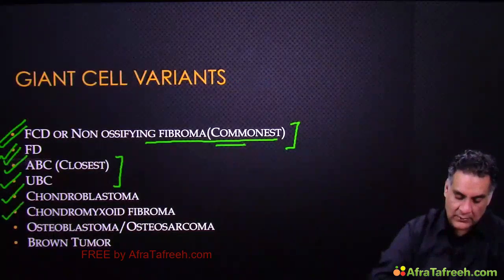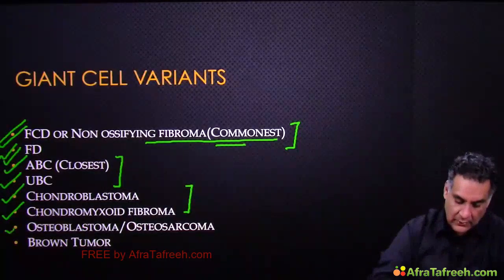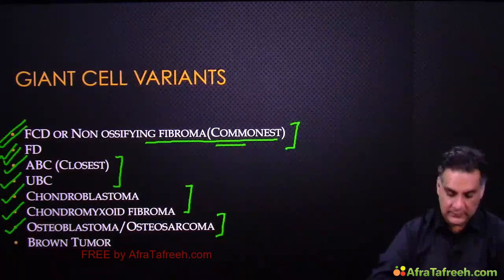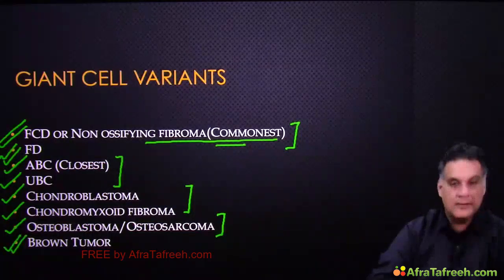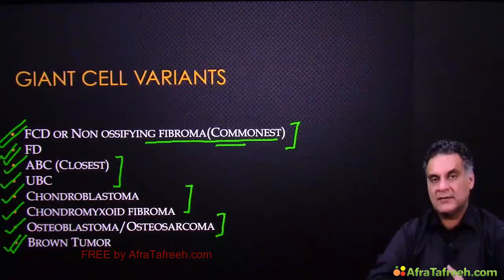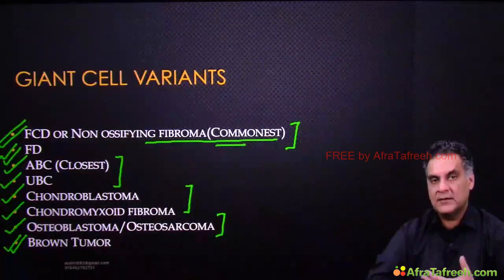Chondroblastoma, chondromyxoid fibroma, two cartilaginous lesions. Osteoblastoma, osteosarcoma, two osteogenic lesions. Brown tumor, hyperparathyroidism, blood degradation products in a cavity give it a brown color, metabolic. So there are two cysts, two fibrous, two cartilaginous, two osteogenic, one metabolic.